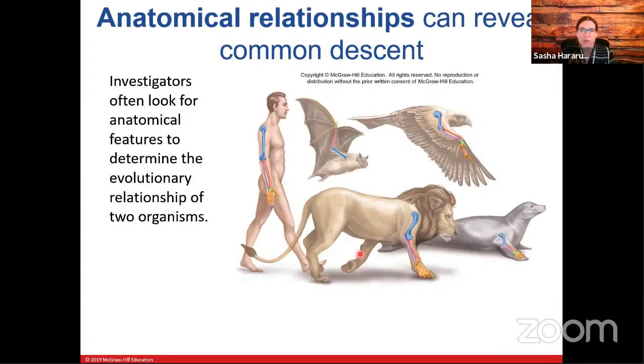This group are all mammals. The bird is not a mammal, however, we have a common ancestor with the bird, the evidence for which is some structure in the bones between us and birds and other mammals.